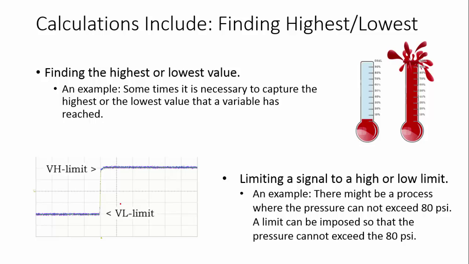Another one may be that you have to limit a signal to a high or low limit. As an example, there might be a process where the pressure cannot exceed 80 psi, and therefore you set a limit so that the pressure cannot go above 80 psi.